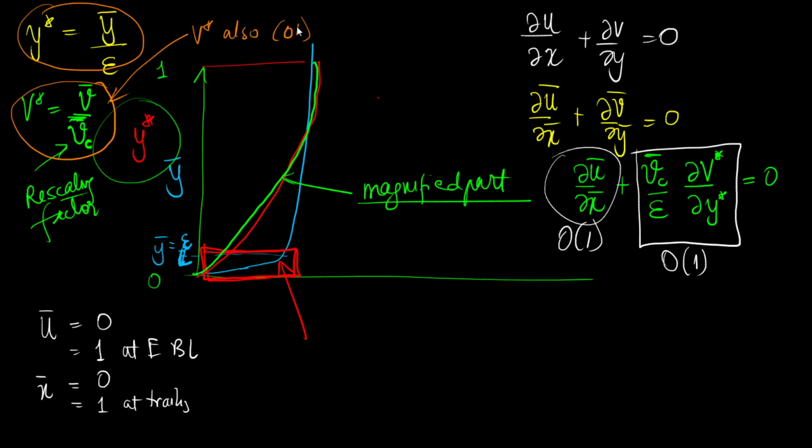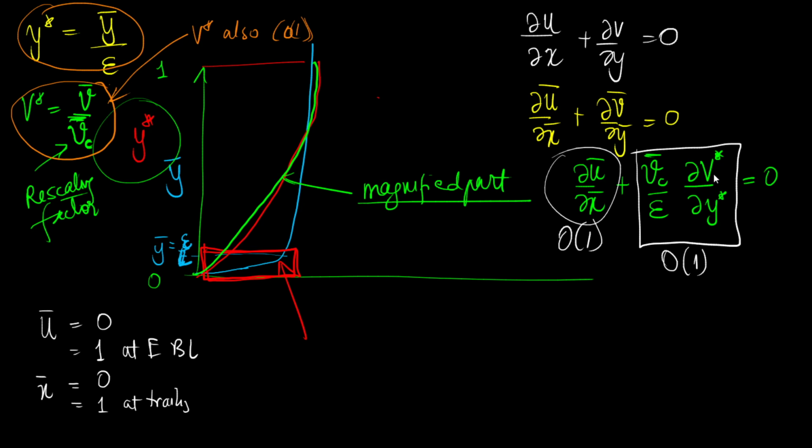The whole purpose of rescaling is to render all the variables order 1 so that no variable is very large or very small. That is, we are trying to isolate the effects. So if in a given equation you find something is very very large, then you know that that term is going to dominate. Okay, but there will be some region where v star will be dominant.